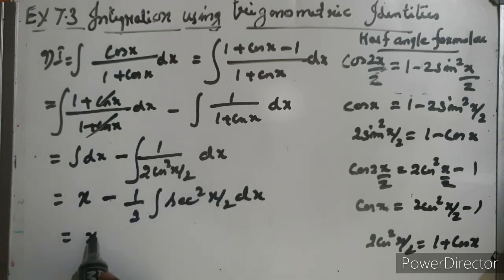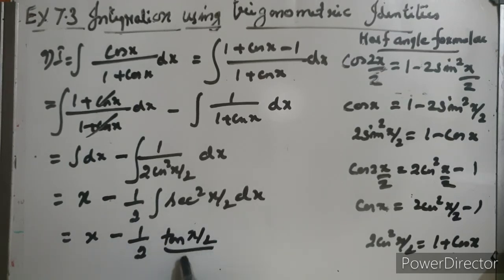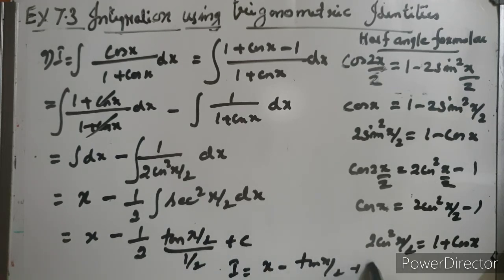So which is equal to x minus half of integral of secant square, which is tan x by 2 divided by half, plus c. So I equal to x minus, 2 and 2 will get cancelled, tan x by 2 plus c.